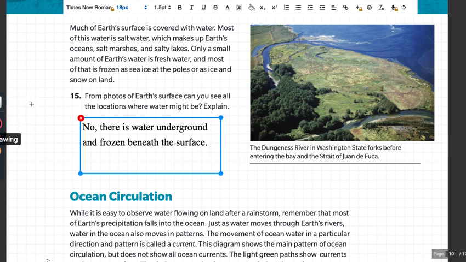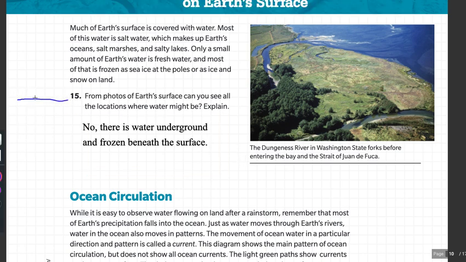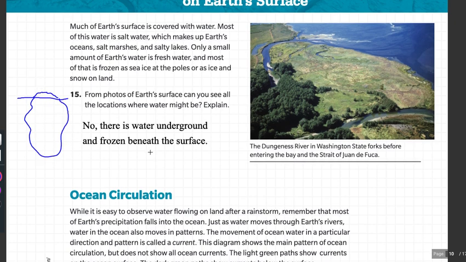Normally if you see an iceberg in the ocean, generally only about 10% of it is above the water, so the iceberg is this big underneath. So if you're just looking at photos from the surface of Earth, there's water that's underground, in caves, and soaked into the actual ground. We call that groundwater. But there's also ice that's underground, things like that.